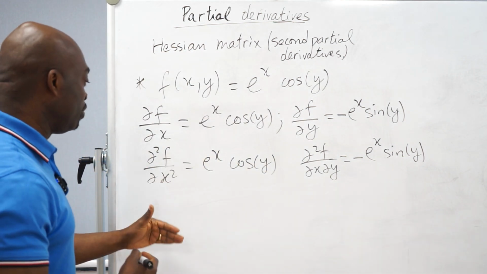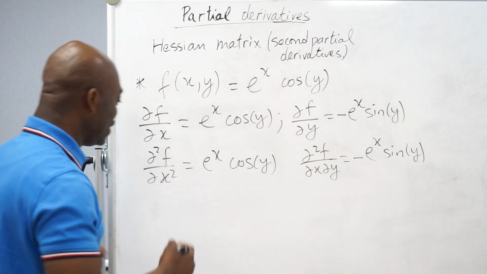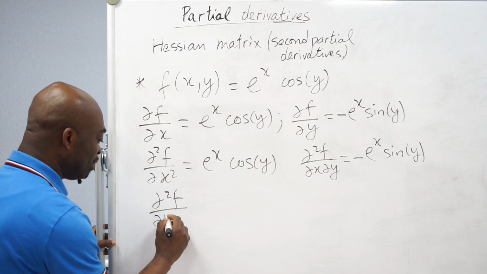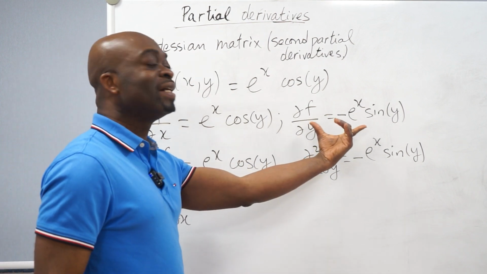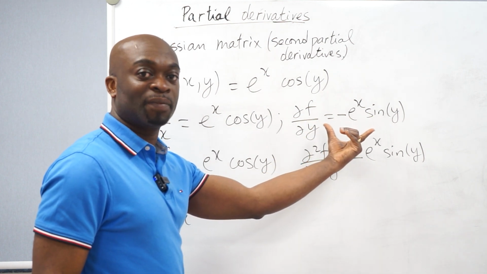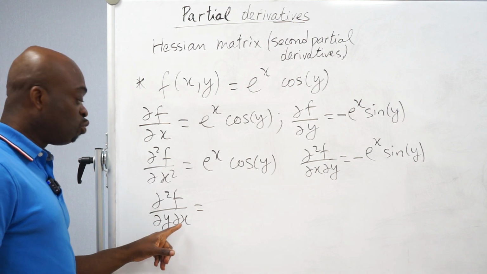And now we have to go for the y row. Okay? The y line. So if it's a y line, what does that mean? We have it with y, but now with regard to x. So that means this is our function that we're going to deal with, and we're doing it with regard to x.